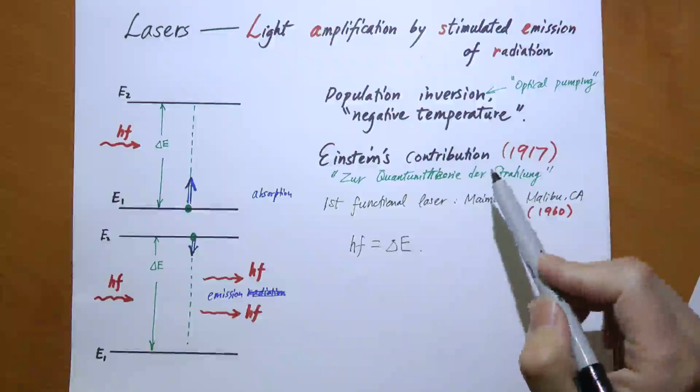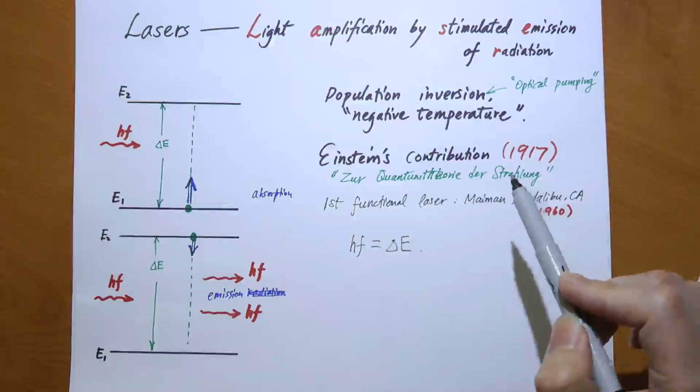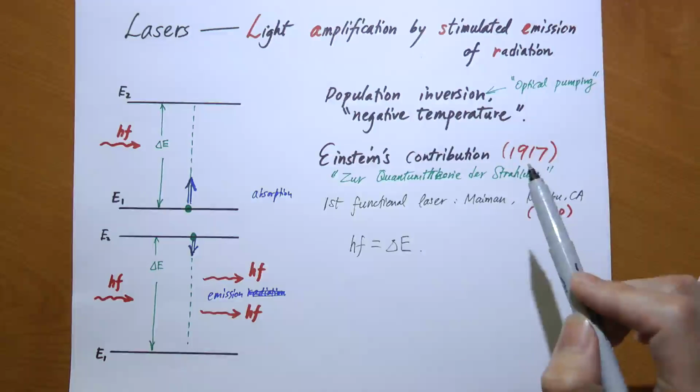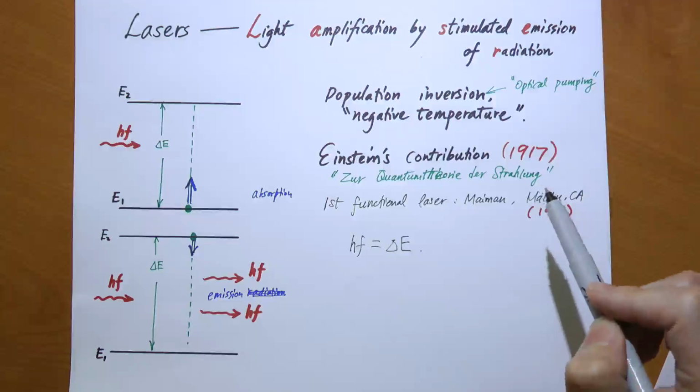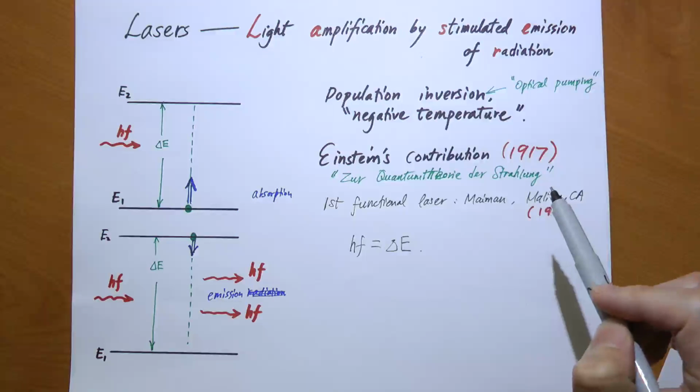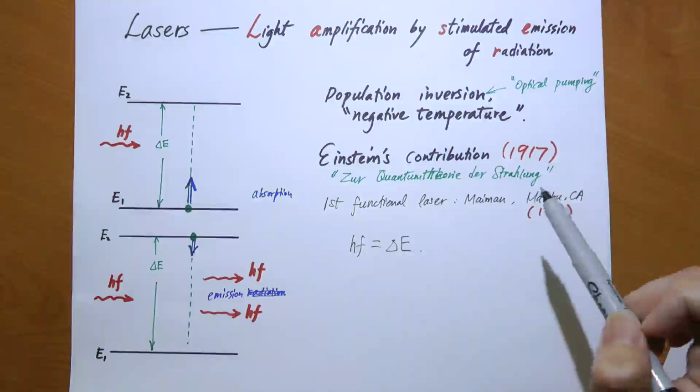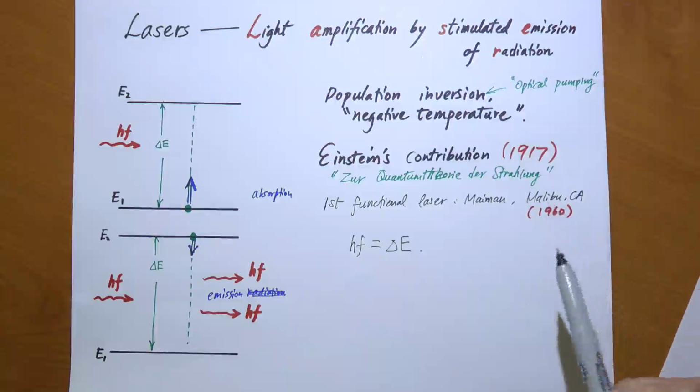And what Einstein did in his famous paper was to show, based on known physics back then, using Planck's radiation formula and statistical physics, you can easily read that. We just don't have time to discuss that.